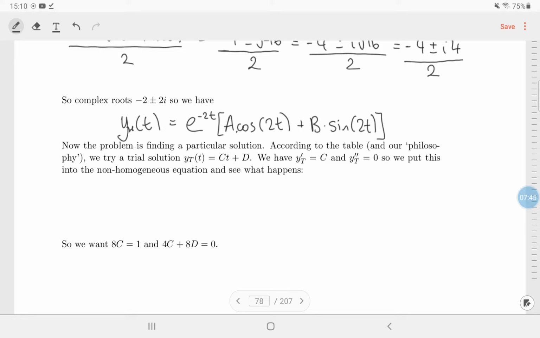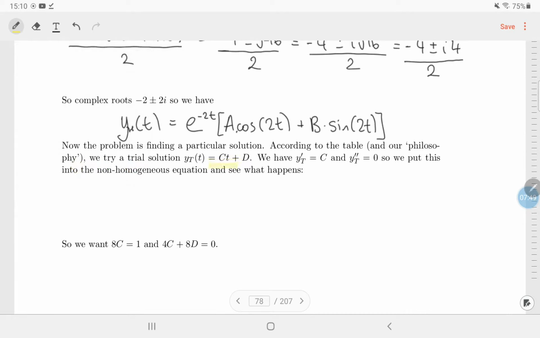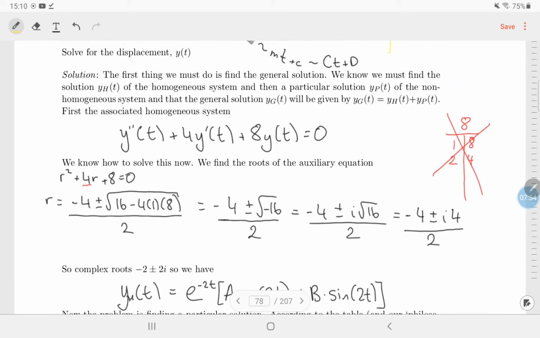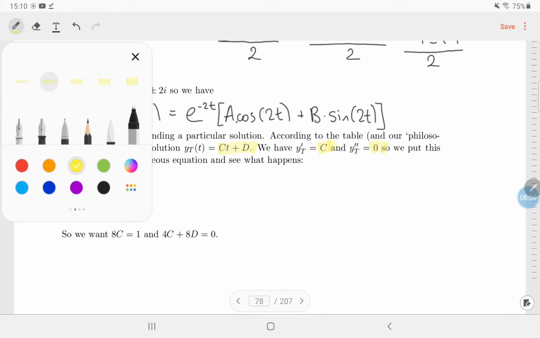So now we're going to put in these bits of information, the trial solution, the first derivative and the second derivative, into this differential equation and try to get out t. So let's see how we get on.